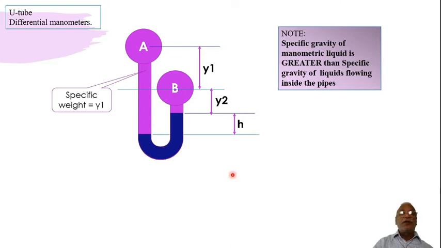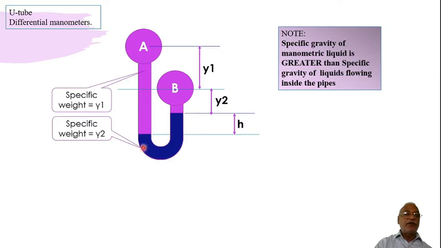Now what is indicated here is the level of manometric liquid and the point B are at a vertical height difference of Y2, and the manometric height difference or manometric reading, the level difference between manometric liquids, is represented generally by the letter H.